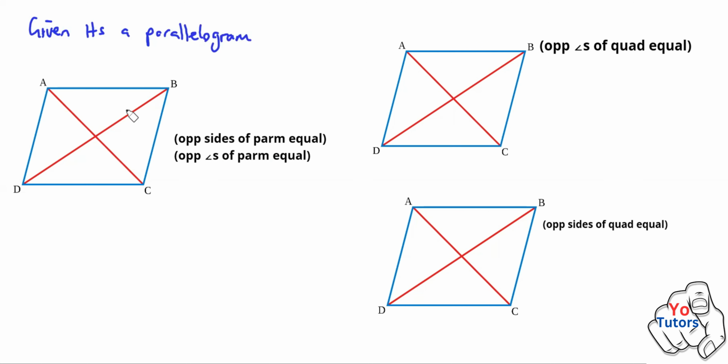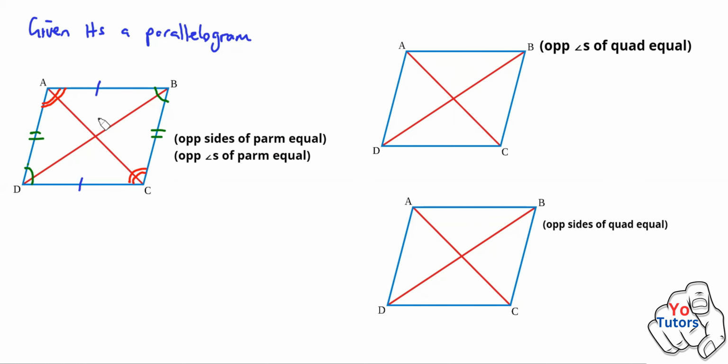Okay, that's what we know. Now, when we know that, what is it that we can conclude? What we can conclude is that opposite sides are equal. And what else can we conclude is that opposite angles are equal. That's what we can conclude there, because we are told that it's a parallelogram.